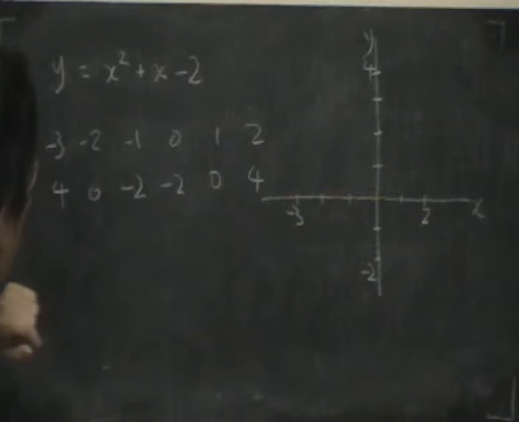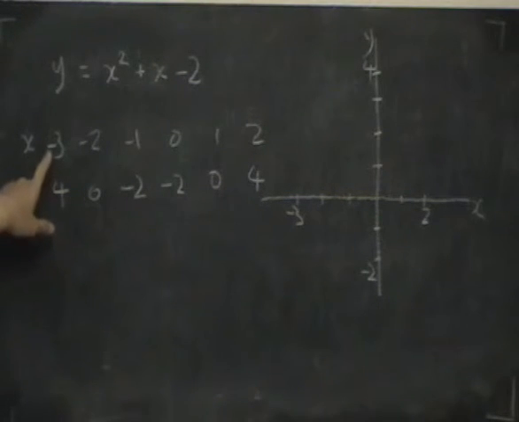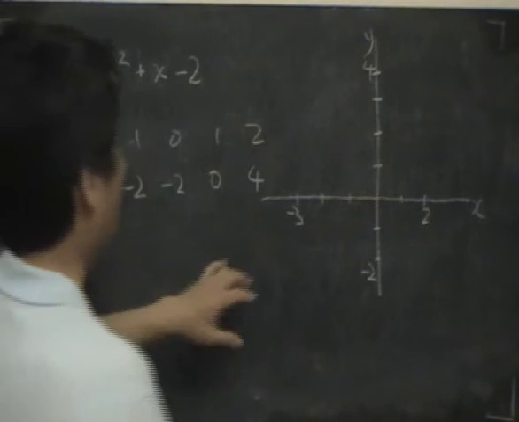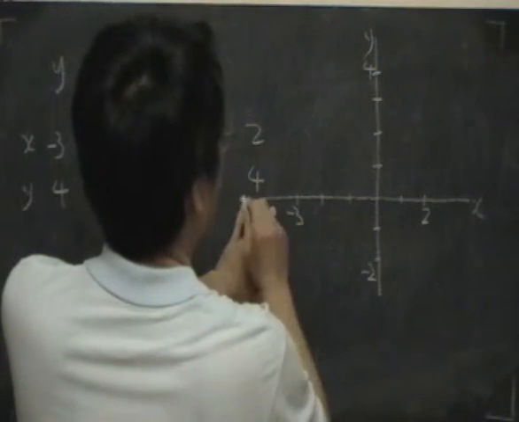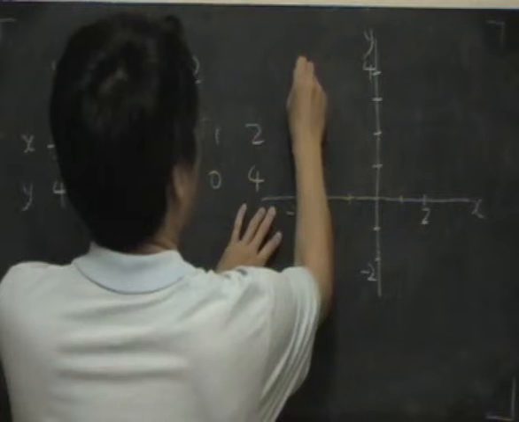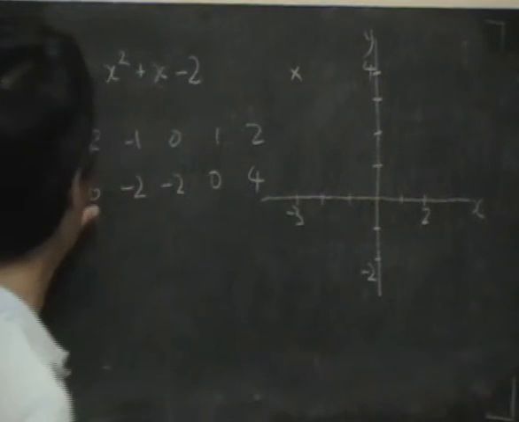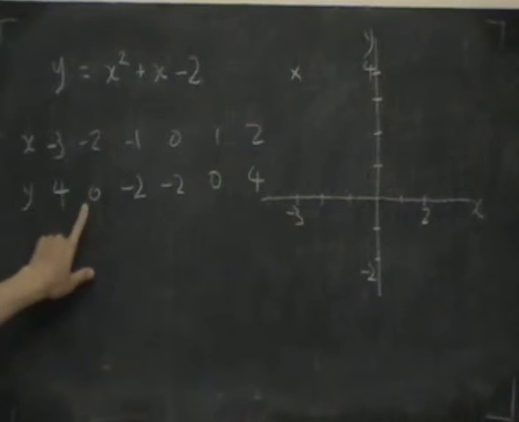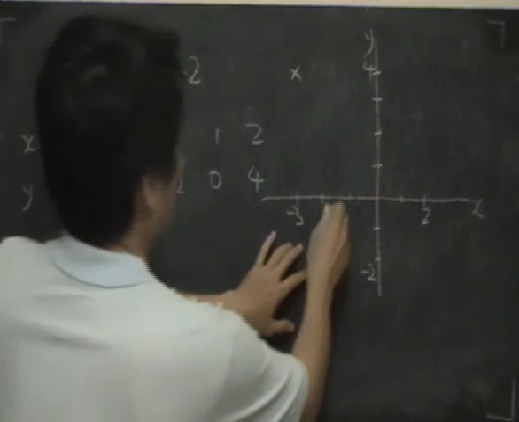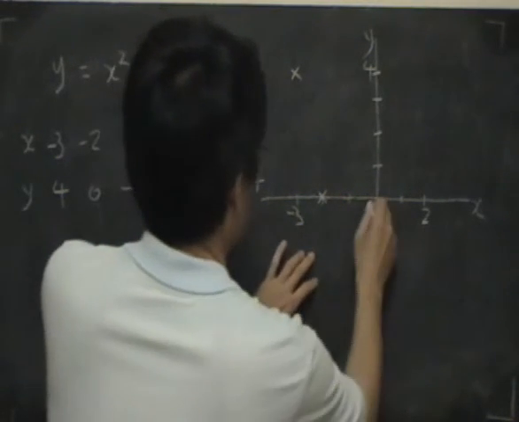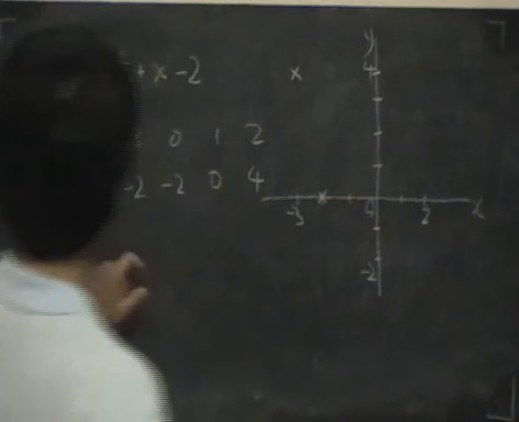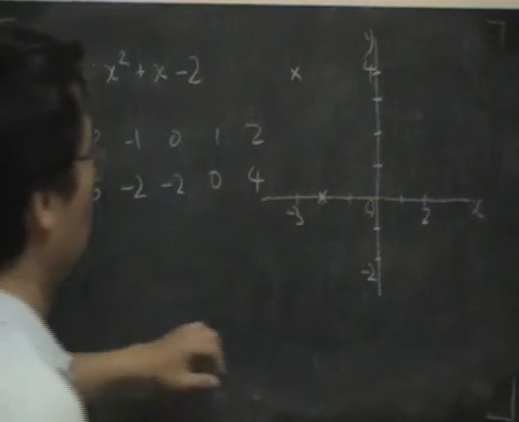Now, so let's make the points now. When x is minus 3, y is 4. So minus 3 and 4, so go up to there. Okay, the point is about there. Then minus 2 and 0. Okay, minus 2 and 0. There, that's the 0. Minus 1 and minus 2.